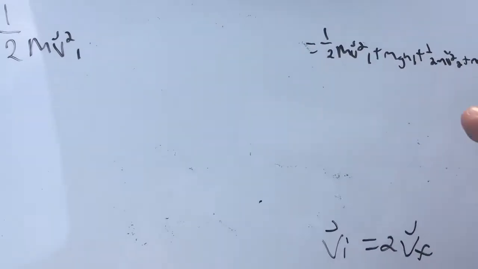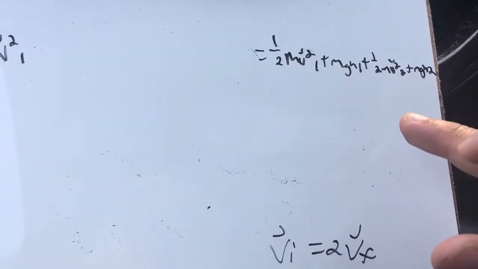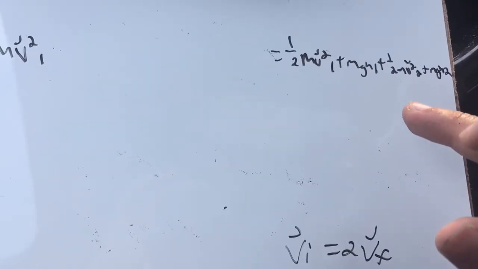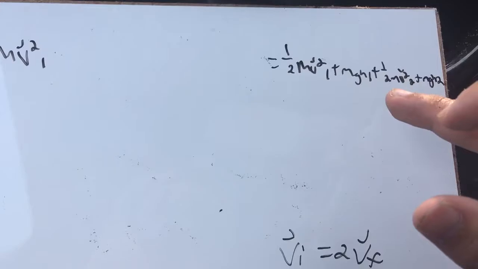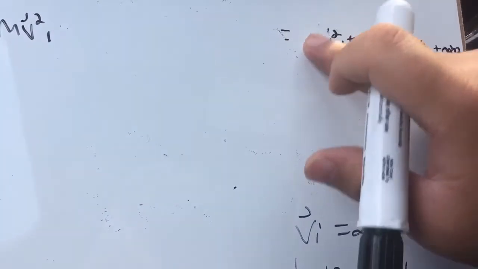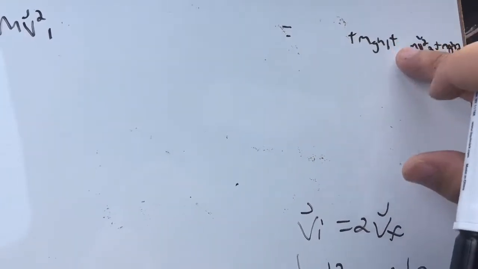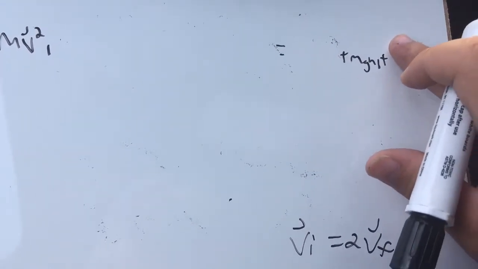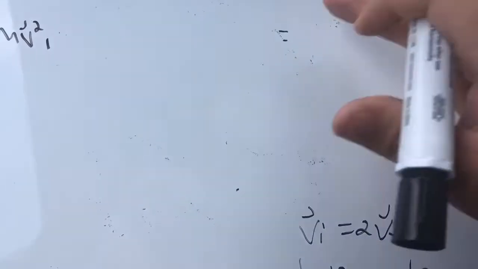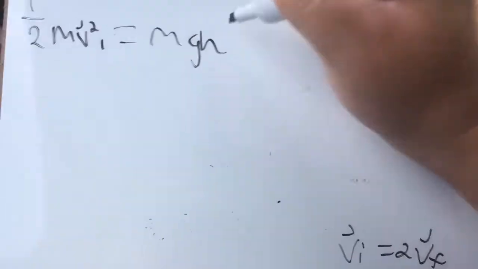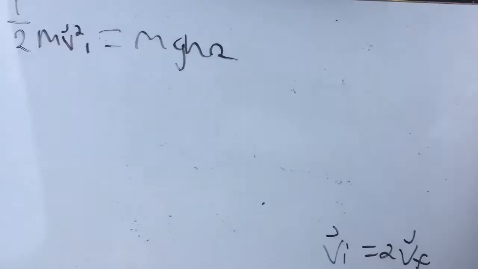And then in the final position, after they collide, neither of the blocks have kinetic energy, and block B has the potential energy, but block A doesn't. So we just have here half mv squared 1 is equal to mgh 2.